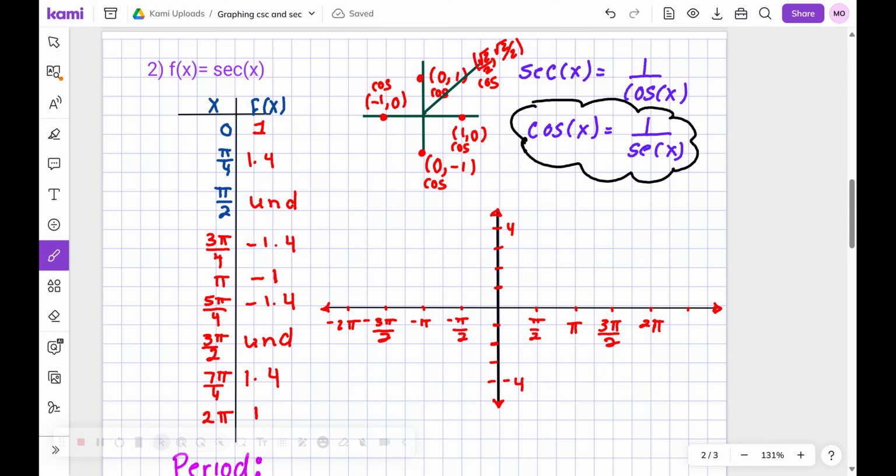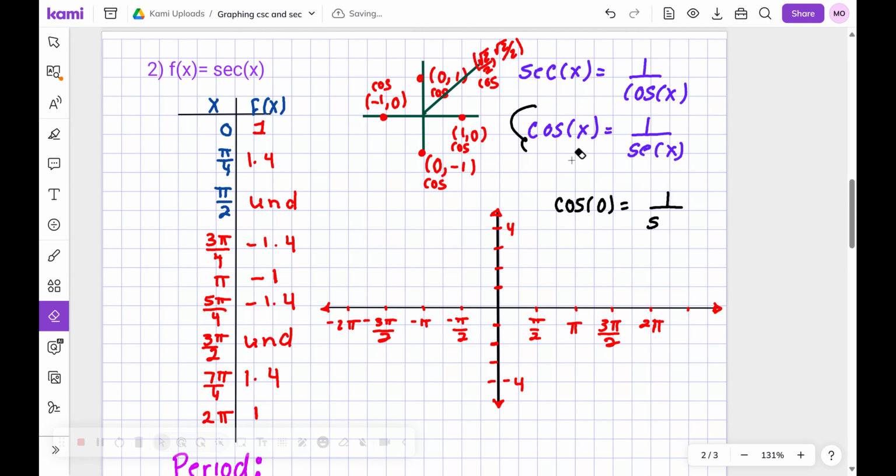So let's go ahead and go over the unit circle. So now I care about cosine, okay? I care about my x. So if I do cosine of 0, it's the same thing as doing secant of 0.